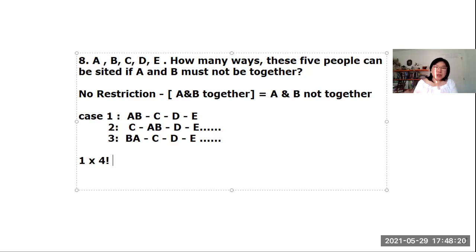However, because A and B can swap, we have to multiply by 2.